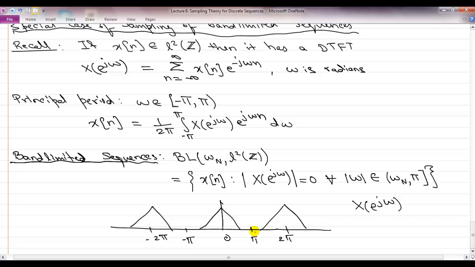And given sequences, now you can ask yourself, how do I reduce the amount of samples that I have in that sequence? Downsampling or just sampling. And under what conditions can I recover it back? Now instead of doing the usual thing that we did with continuous time, we are going to use the formulas that we derived earlier.